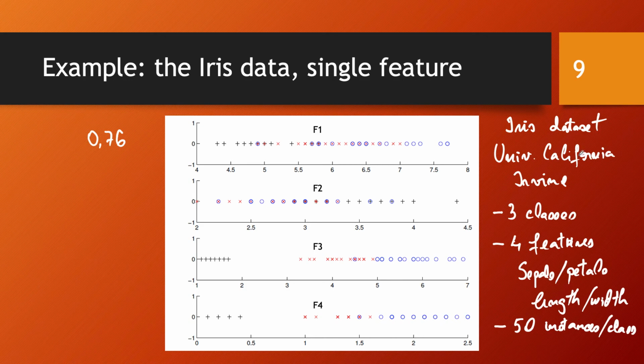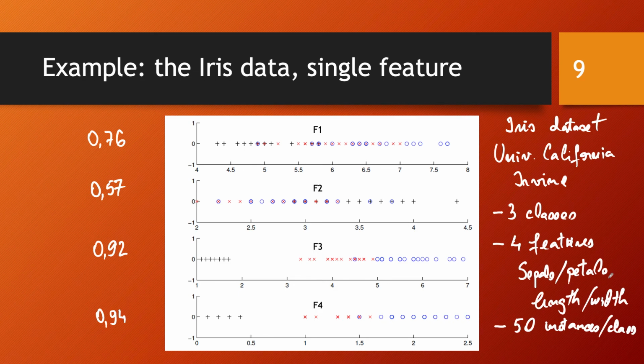And for F2, for this model corresponding to F2, the accuracy on the validation set is 0.57. On this one with F3, the accuracy is 0.92, and on F4 is 0.94.